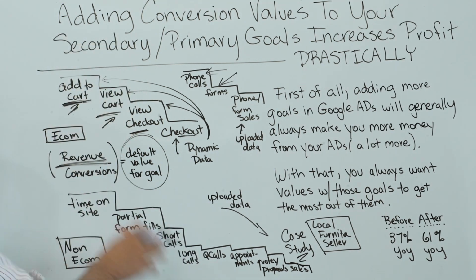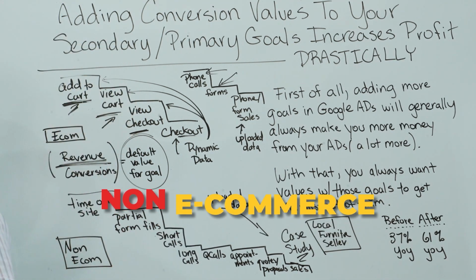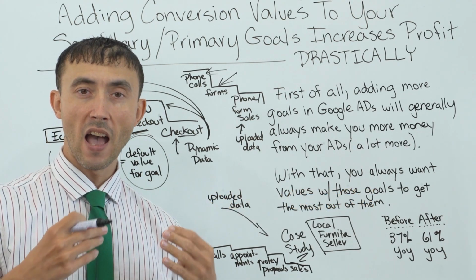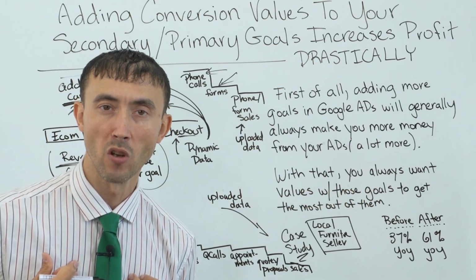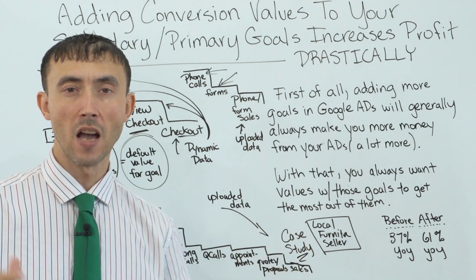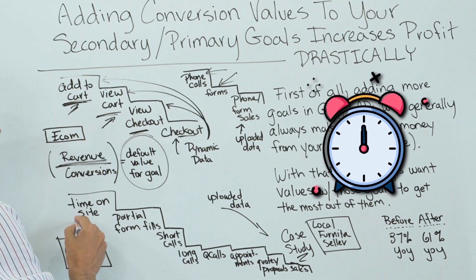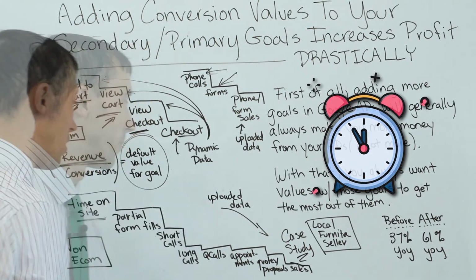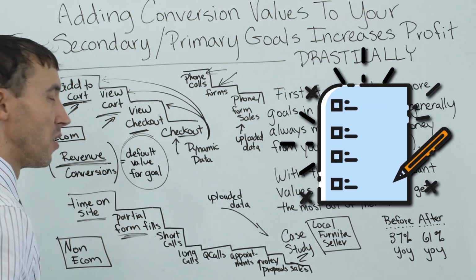Now, on top of all this, if you're a non-e-commerce company, you're generating leads. If you want the most results, and this is the way that I found gets the most results, running all of our clients' campaigns and been doing this for a long, long time now, you track time on site. Anybody who's been on the site for more than 2 minutes, you track it as a goal. You track partial form fills itself.